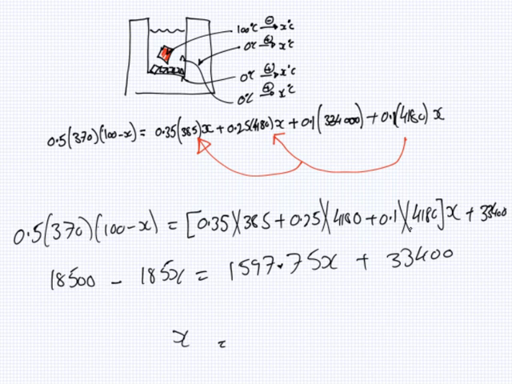But then the question says 334. Should we use the 334 or 334,000? If this was an exam, you should use the 334. Wait, but did the marking scheme use 334? Yeah. Ah, interesting. So they used the wrong number in the marking scheme. But why is my x negative? What did I do wrong?